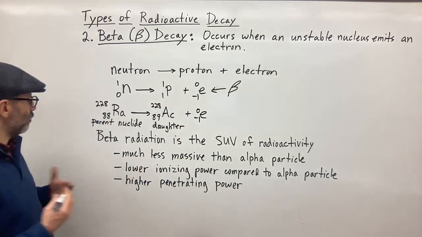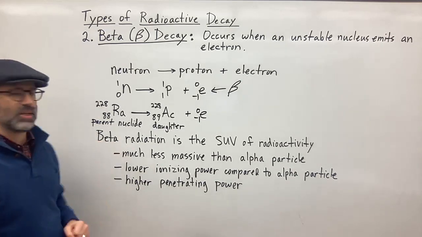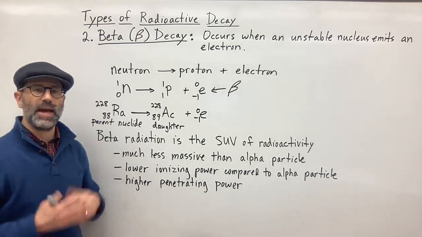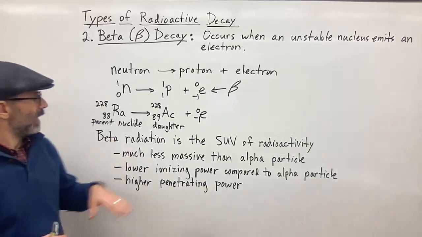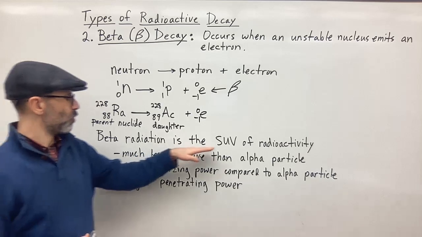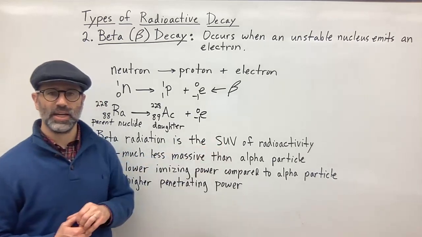So how do we describe the beta radiation? Last time we said that alpha radiation was the 18-wheeler of radioactivity. Well, beta radiation is going to be the SUV of radioactivity.